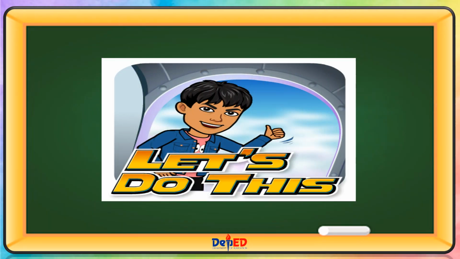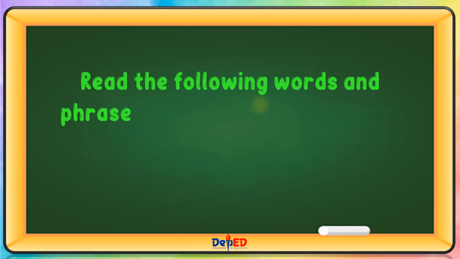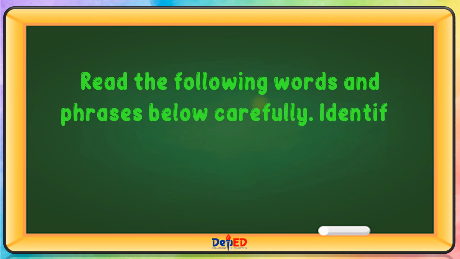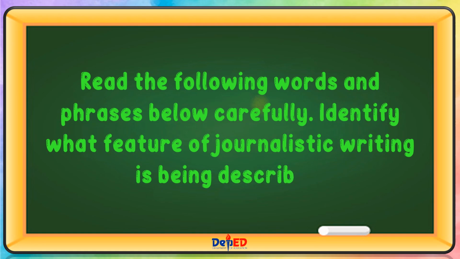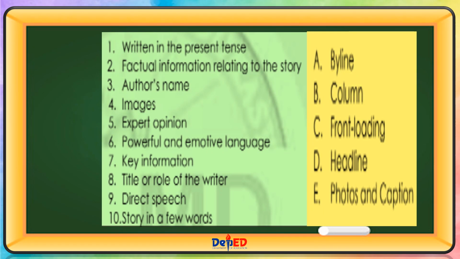Let's do this. Read the following words and phrases below carefully. Identify what feature of journalistic writing is being described. Written in the past tense. This is letter D. Headline. Factual information relating to the story.